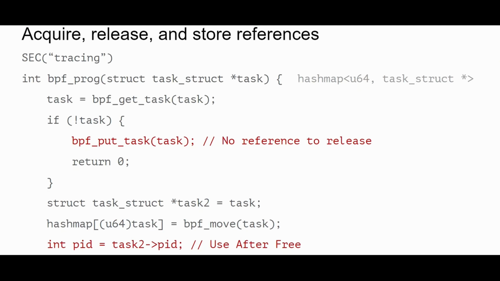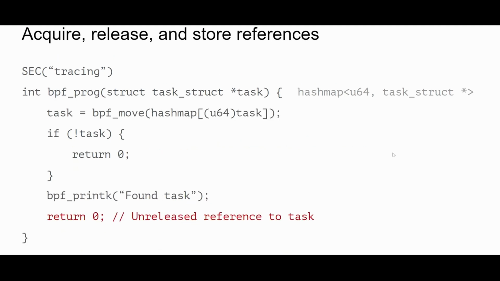The hash map's definition is just U64 as the key and the value is a task struct pointer. And yeah, this can be your XDP program too. So you can move this value out of the hash map. This is also similar to taking a reference, and then you can do anything with it, and you then have to release it because you moved the ownership from the map out into your program, right?